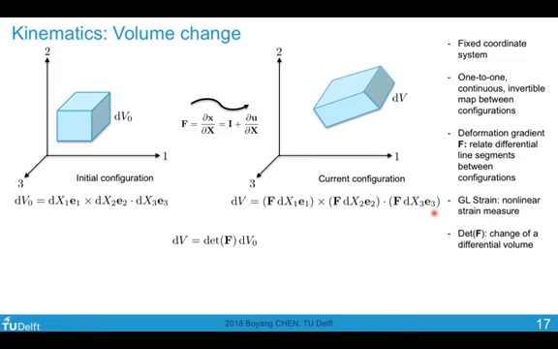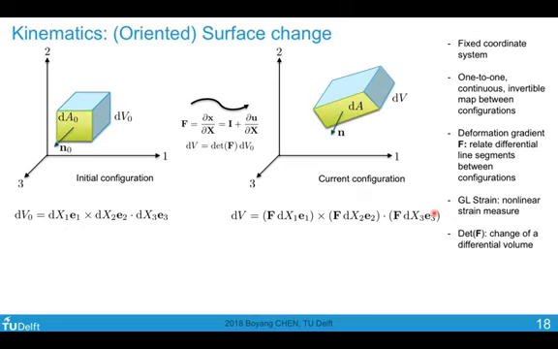Now, having discussed the change of a small volume, let's move on to discuss the change of a small surface. We are going to take the same surface here facing us. This surface, which is oriented, has a surface area of dA0 with a normal n0.